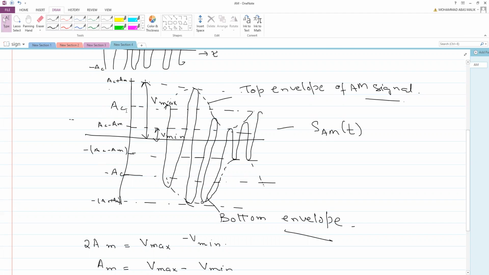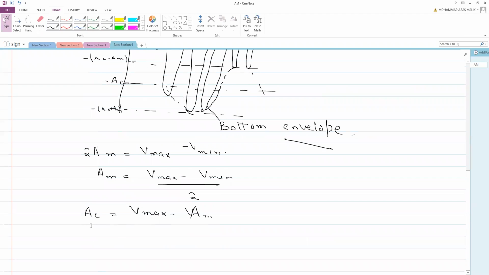So finally, put the value of AC equal to V max minus AM as the first equation. Second, put the value of the first equation in the second, you will get V max minus (V max minus V min) divided by 2. Any confusion till now?